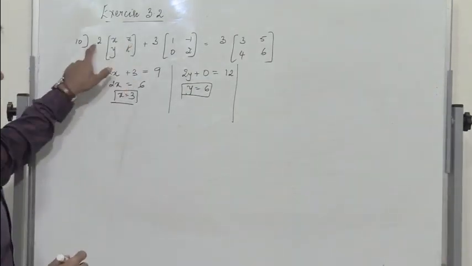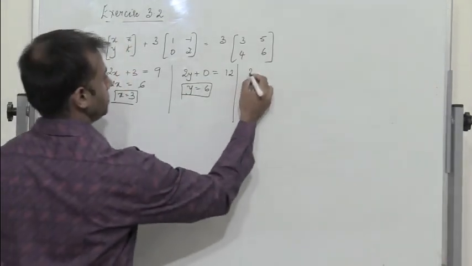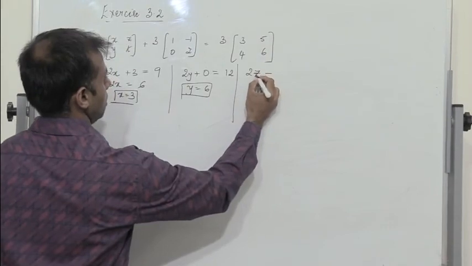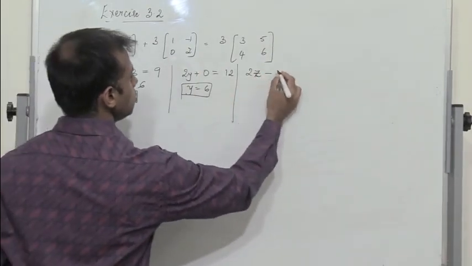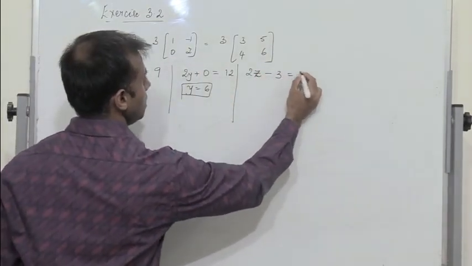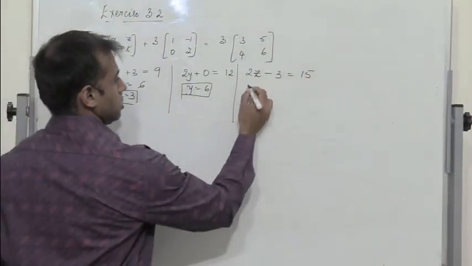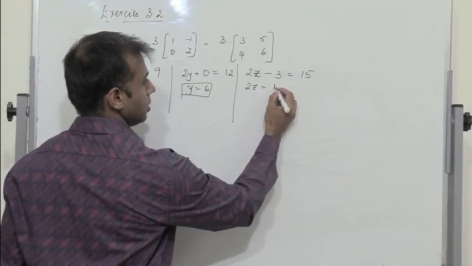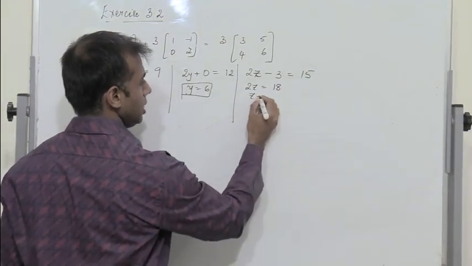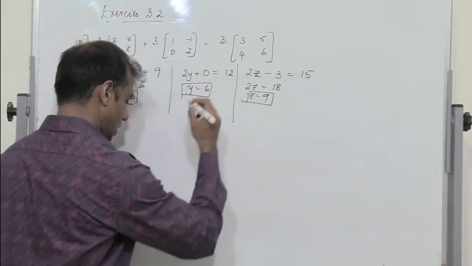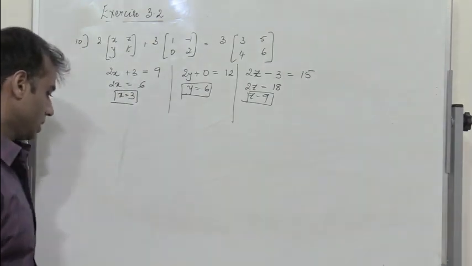So next, what about z? 2 into z minus 3 into 1, which is minus 3, equals 15. So 2 into z equals 18. So z equals 9. So we get the value of z as 9.